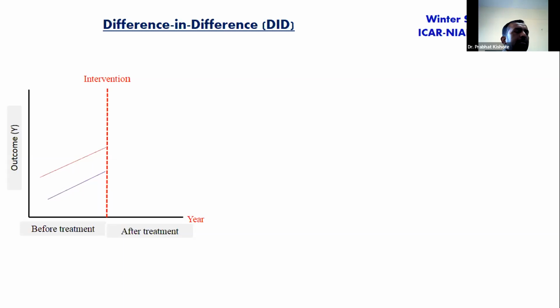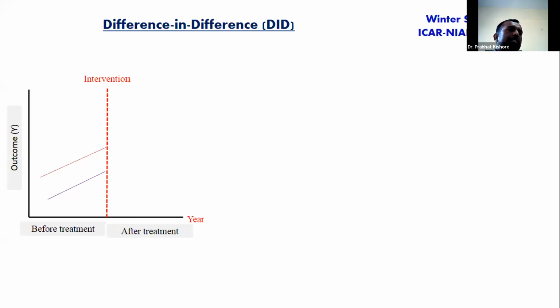The parallel trend means that if the intervention is not there, then they will move on a similar path. The outcome of that variable will move on a similar path. If you have done any work on this method, difference in difference, then proving this assumption becomes very difficult. For Punjab, if you select that state, then you will be selecting some other state, maybe Haryana, but I will tell you not to select Haryana but another state like Uttar Pradesh or some other state. You take their observations and compare them with Punjab, and then you can say these are the impacts.